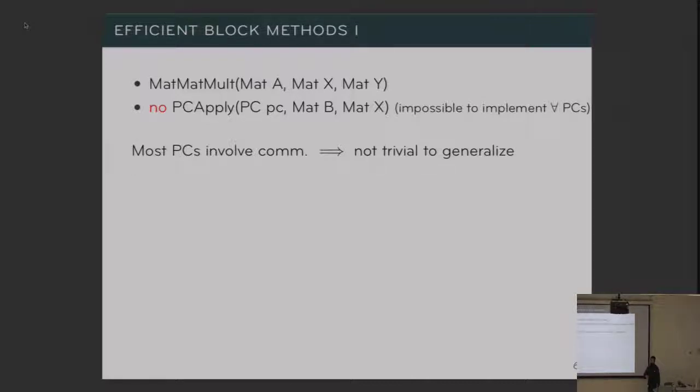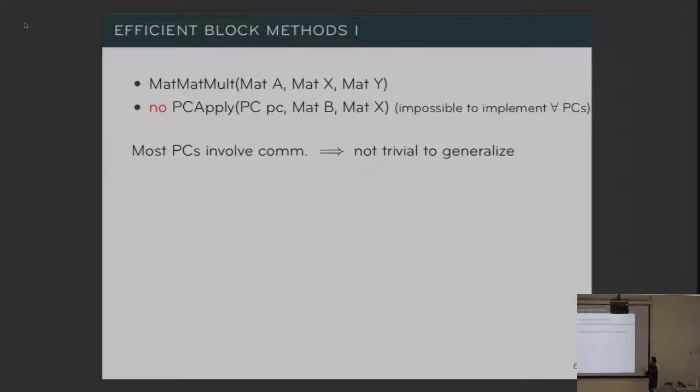For example, if you want to use block methods, what's important is to work on matrices instead of column vectors and doing a for loop, for example, and computing a MatMult as a for loop over all of the columns of your Mats. So it's better to use something like a MatMatMult instead of a for loop with multiple MatMults.